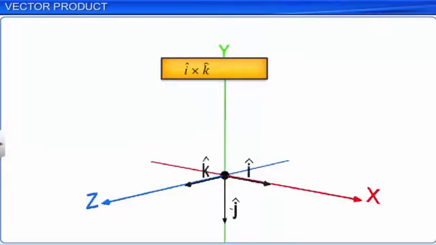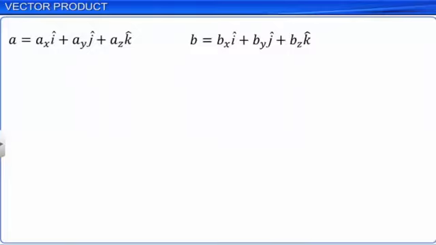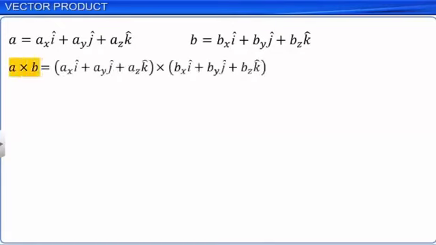If the two given vectors, A and B, are expressed in terms of unit vectors i, j and k as shown, then the vector product A cross B is equal to (AX i plus AY j plus AZ k) multiplied by (BX i plus BY j plus BZ k).